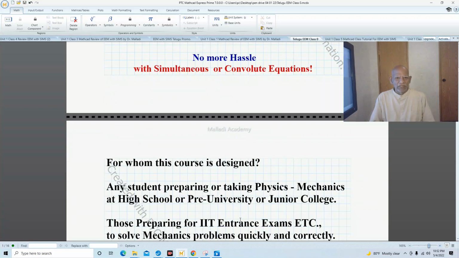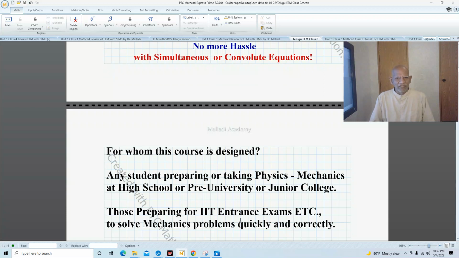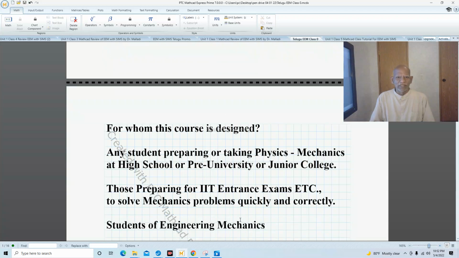For whom is this course designed? Any student preparing for or taking physics mechanics at high school, pre-university or junior college. Those preparing for the IIT entrance exam, etc., to solve mechanics problems quickly and correctly.